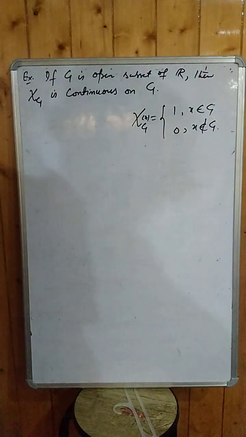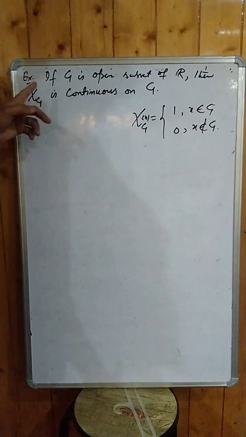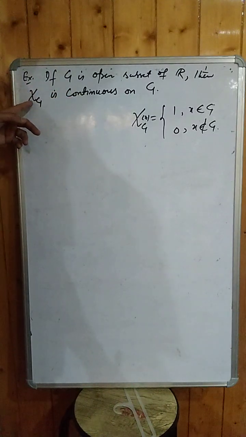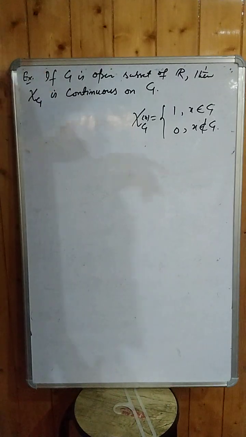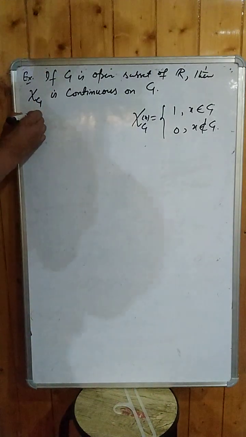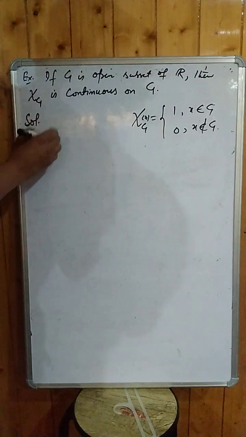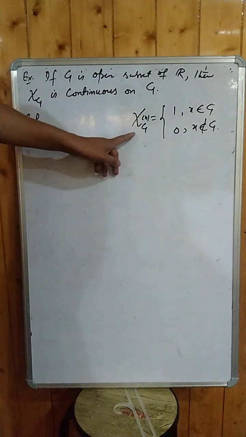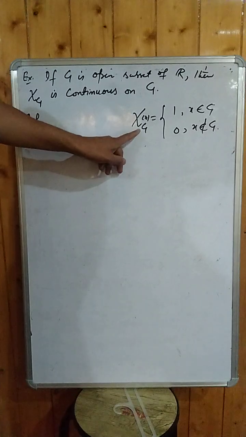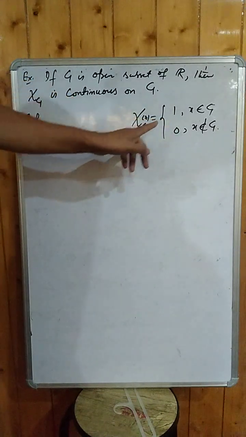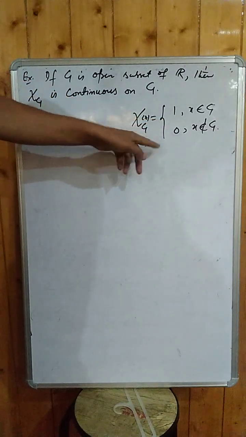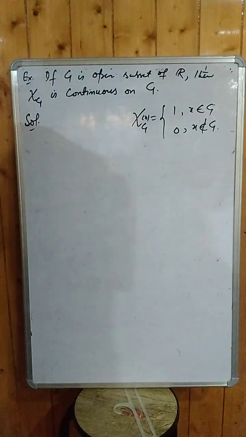That means if G is an open subset of R, then we shall prove that this characteristic function of G is continuous on G. Okay? So in the solution I can write, by the definition of the characteristic function, chi G of x is equal to 1 if x belongs to G and 0 otherwise. That means for the rest of the real numbers it is 0.